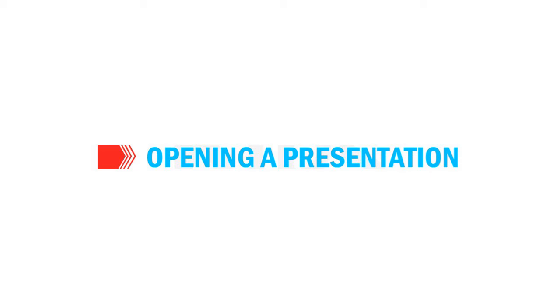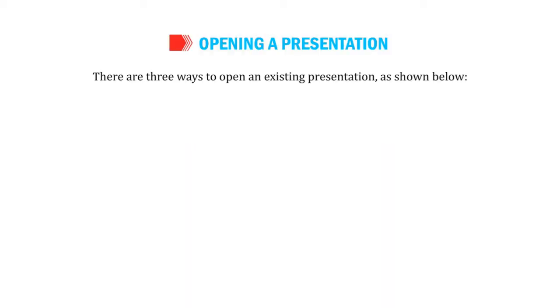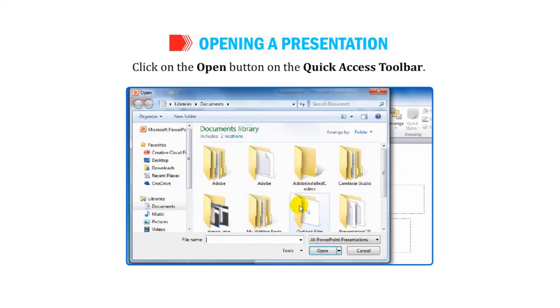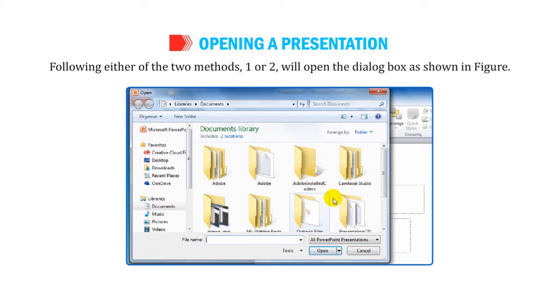Now, let's learn how to open a presentation. There are 3 ways to open an existing presentation, as shown below. Click on the File tab, Open option. Click on the Open button on the Quick Access toolbar. Following either of the 2 methods, 1 or 2, will open the dialog box as shown in the figure.